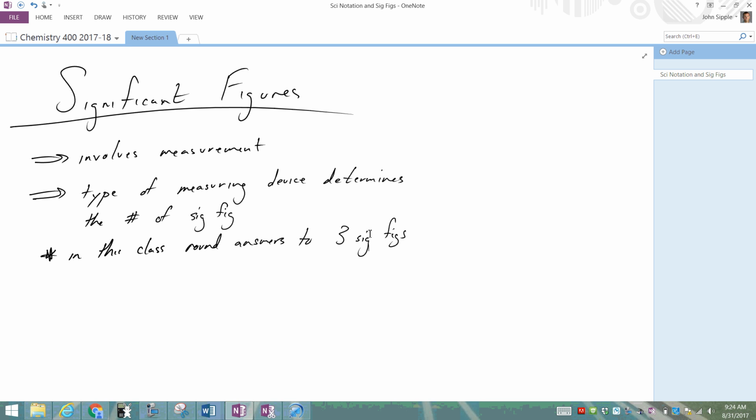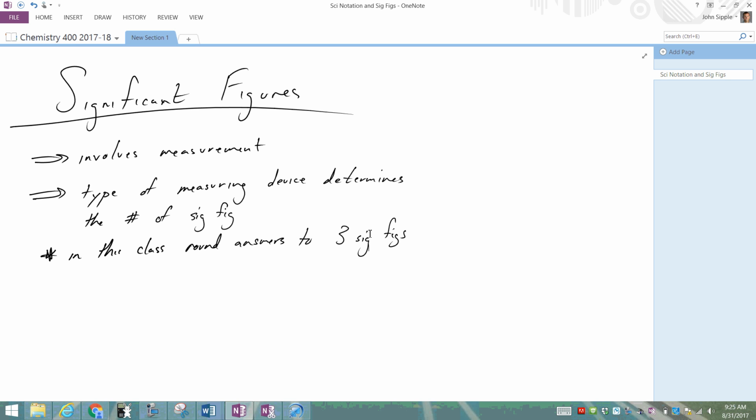In any event, significant figures are all dependent on the device we use, and there's a particular amount of error associated with every measurement. But today we're just looking at counting the number of sig figs in a number and rounding it to 3 significant digits. So first thing we've got to be able to do is count.